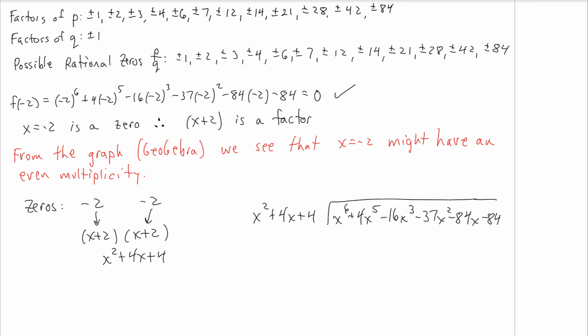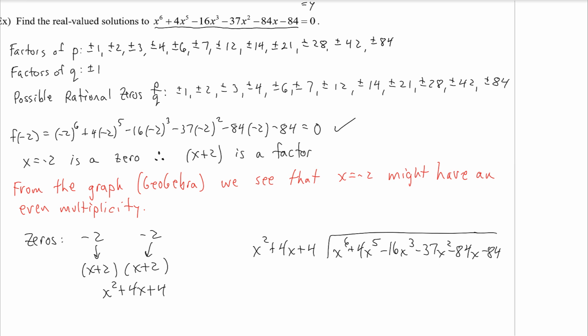All right, so we got to do this division here. So we get, oh, I skipped a term, didn't I? So we go from degree 5 to degree 3. So we got to put a degree 4 in there.